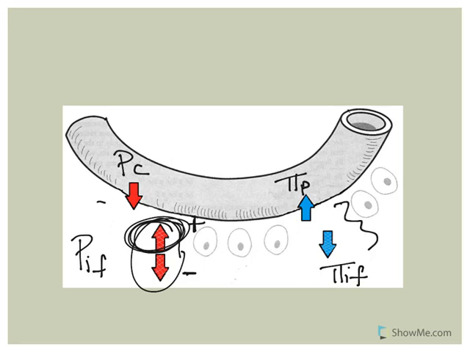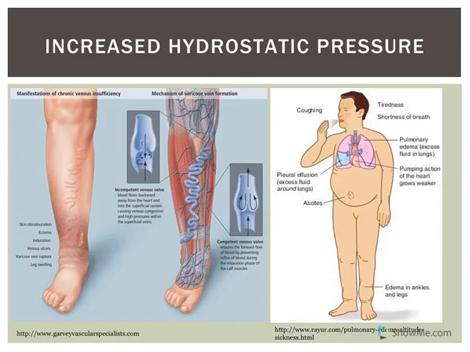As long as you know which forces favor the movement of fluid out of the vessel into the interstitial space and which oppose it, you can reason out whether altering a particular pressure could lead to edema. So let's go through some scenarios.